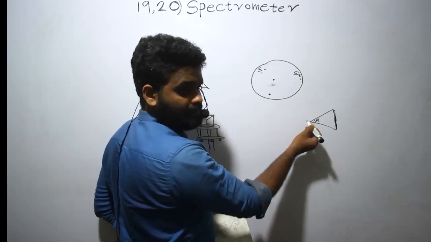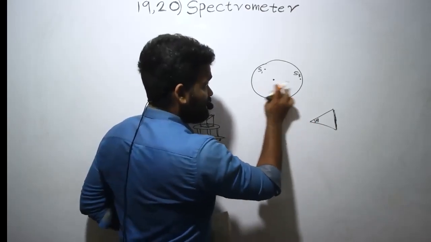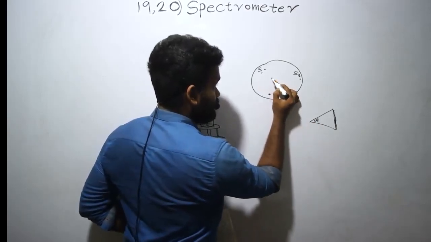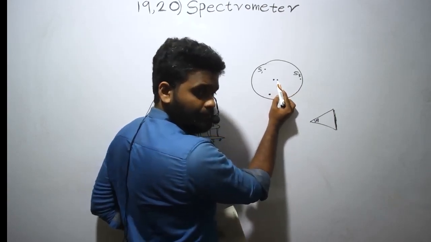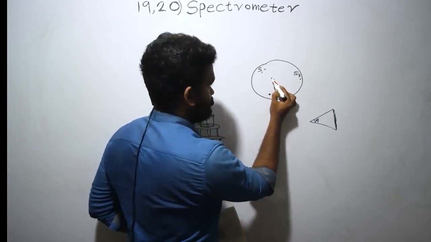This edge is the refracting edge. The refracting edge should be closer to the center of the prism table, like this.